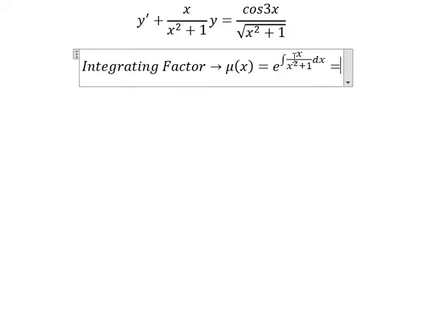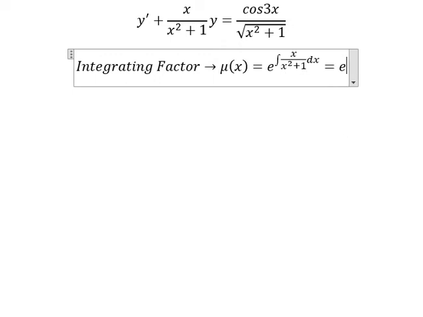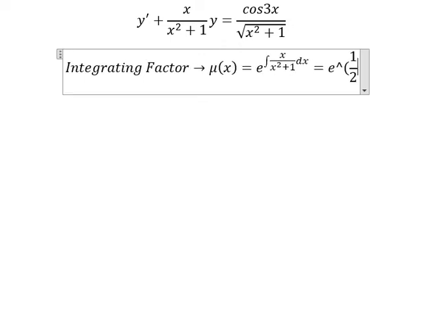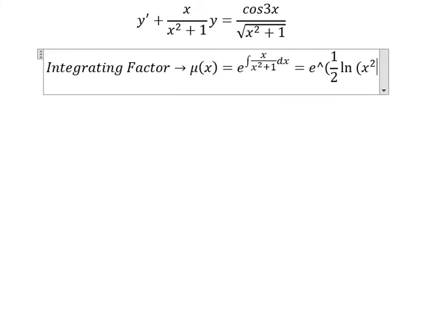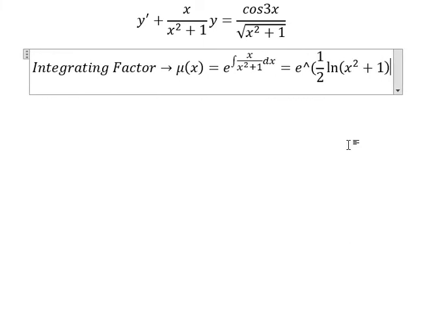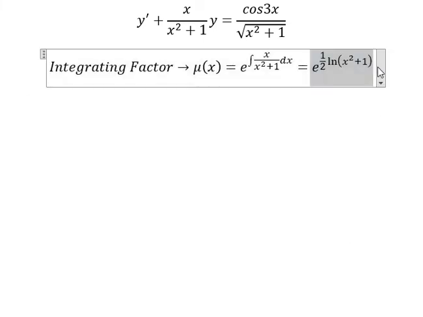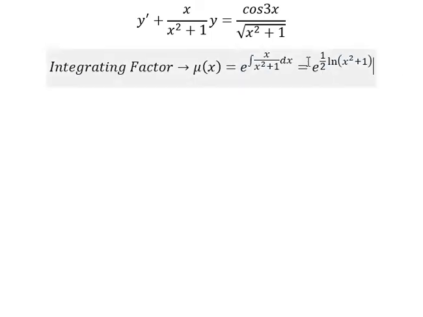The integral of s over s squared plus 1, you will get 1 over 2 ln of s squared plus 1. So we can put the 1 over 2 inside the natural log in here.